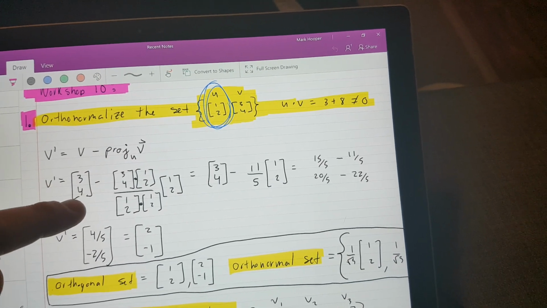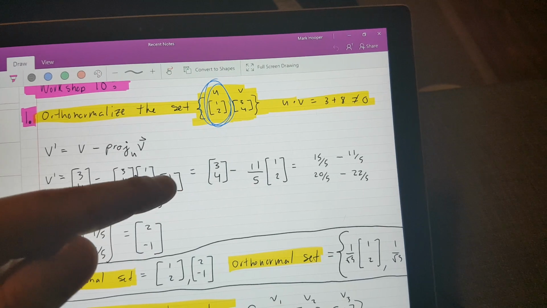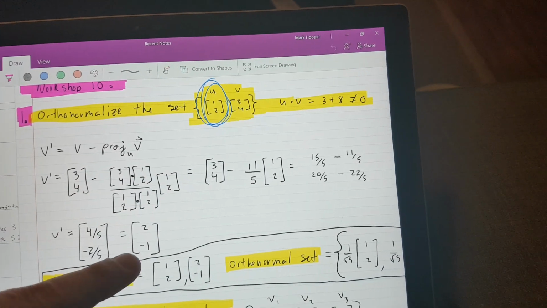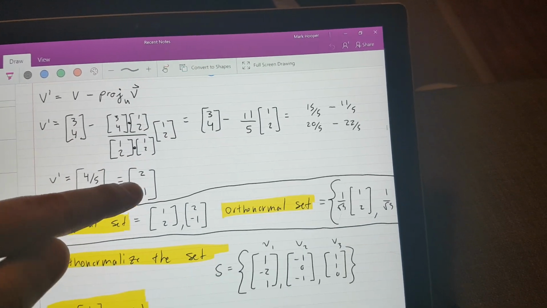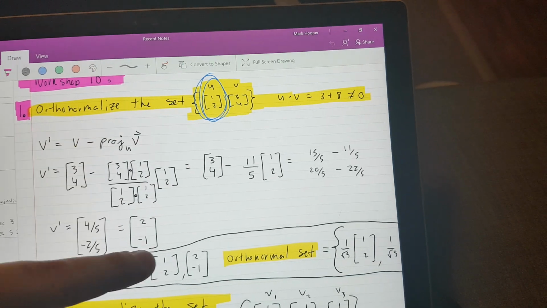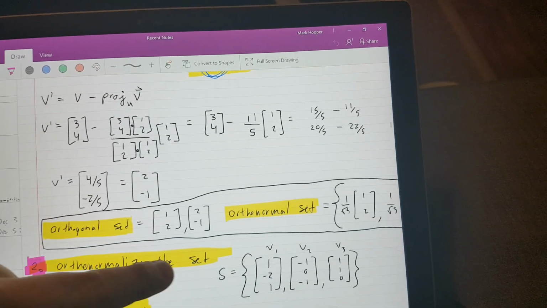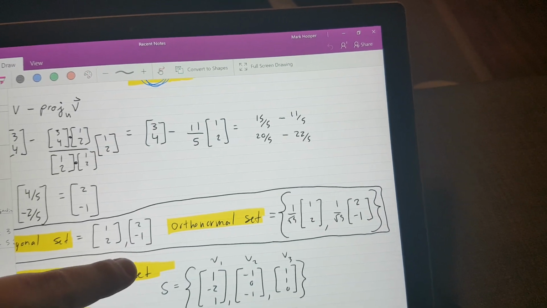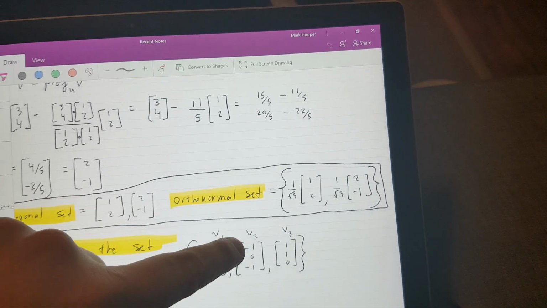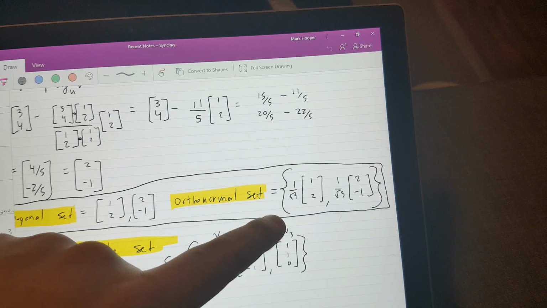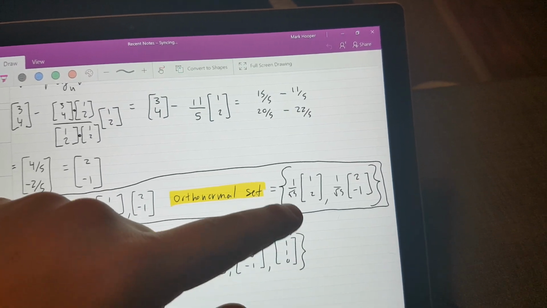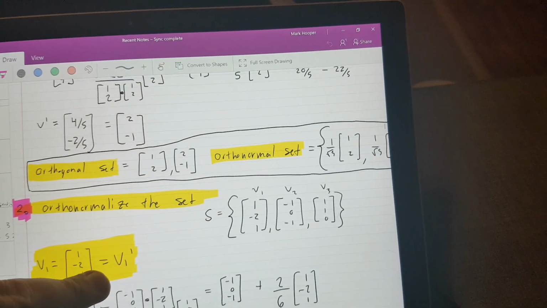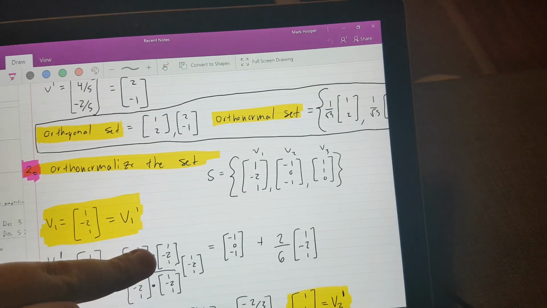So you're going to write v minus the projection equals this guy, and then this and this form your orthogonal set. And if you want your orthonormal set, you're just going to divide by the magnitude of each vector individually. And then these guys are normal, and they're also length 1. So that's cool.